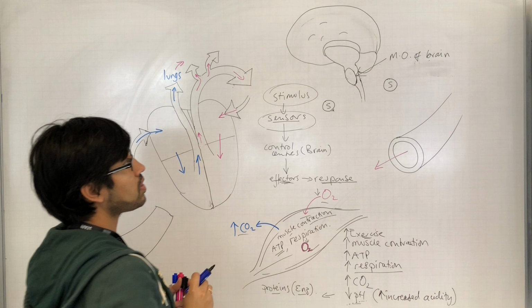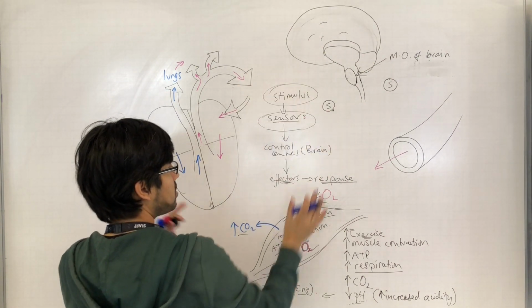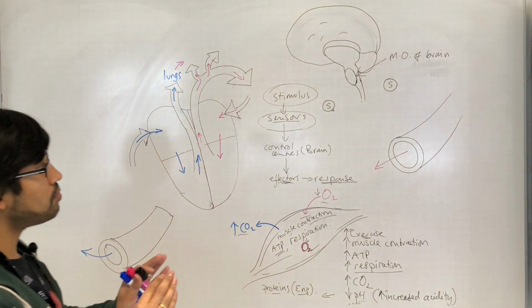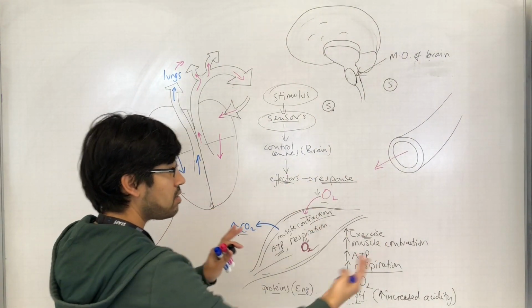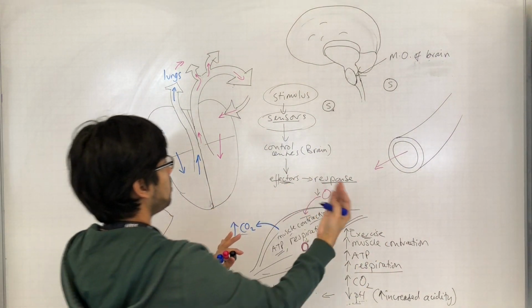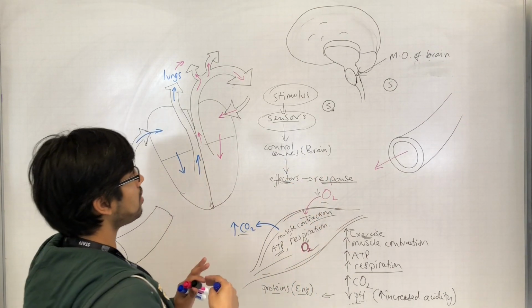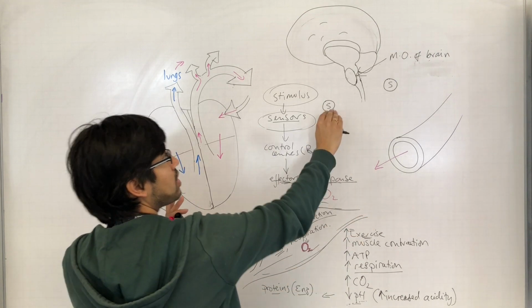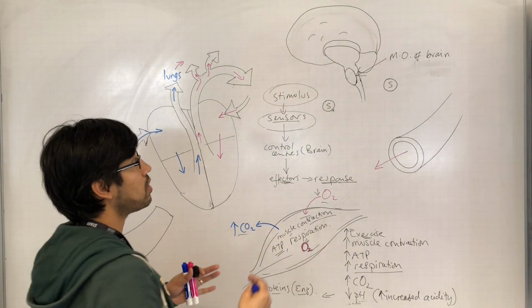So we've got our stimulus, we've got our sensors, groups of cells in the blood vessels detecting changes in the plasma of the blood as it moves past them, and they are constantly reporting to the medulla oblongata of the brain.